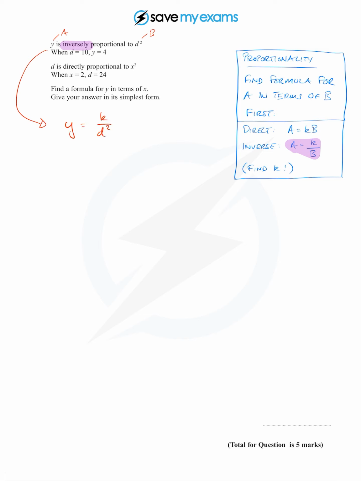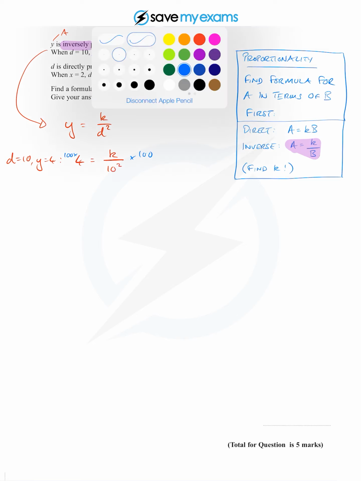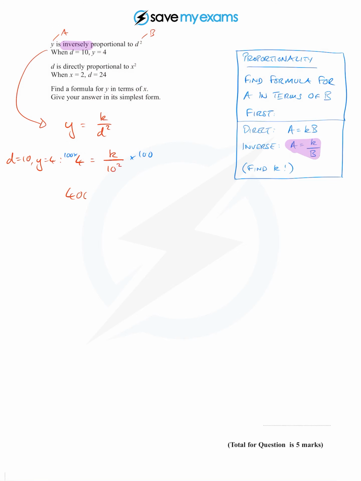And then when d equals 10, y equals 4, that gives me 4 equals k over 10 squared. Well, 10 squared is 100, isn't it? So let's multiply both sides by 100 and see what happens. Well, I just very quickly get k equals 400, and so y is 400 over d squared.